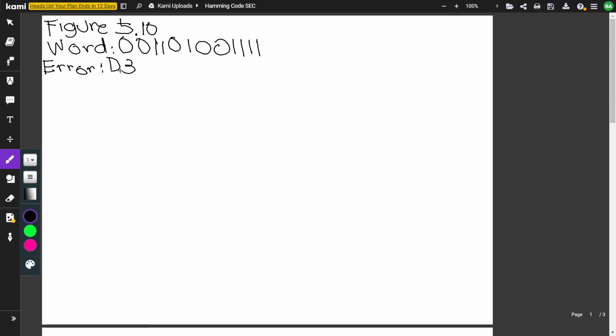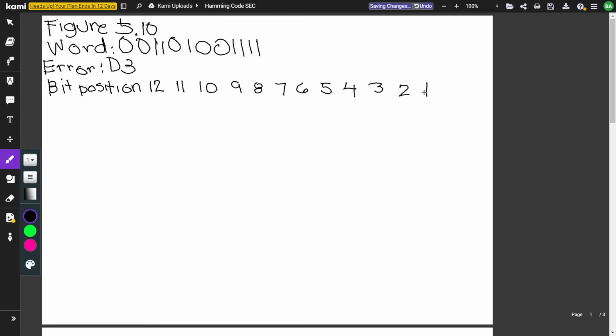So we have this bit position, 1, 2, 3, 4, 5, 6, 7, 8, 9, 10, 11, 12. We list them as 12, 11, 10, 9, 8, 7, 6, 5, 4, 3, 2, and 1.